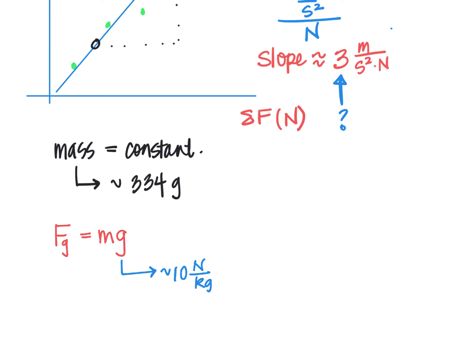Now, it's obvious that this about 10 is equivalent to our g, that was our acceleration due to the gravitational field. And acceleration is measured in the unit meter per second squared.